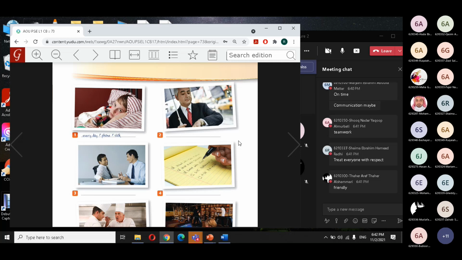Okay, number 4. What do you think number 4 is? It's not clear. Yes, make a goal. He's writing the notes, taking notes. If you take notes, this means that you are accurate. Mustafa, writing. List things to do.